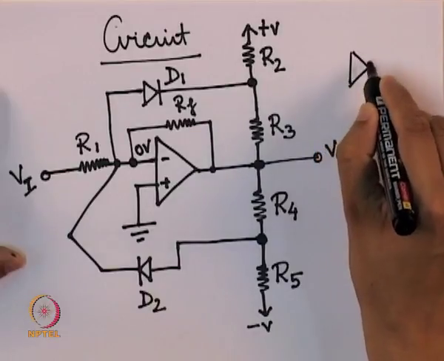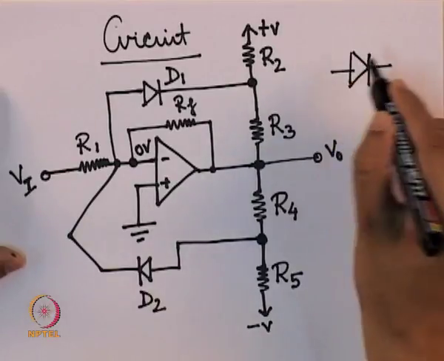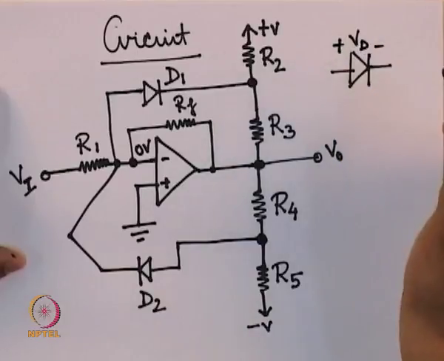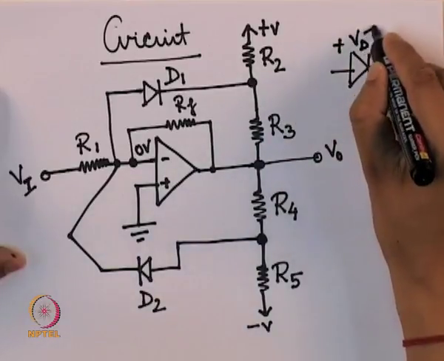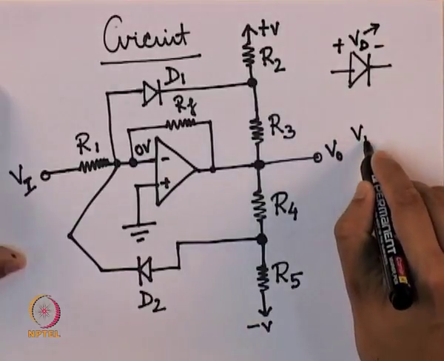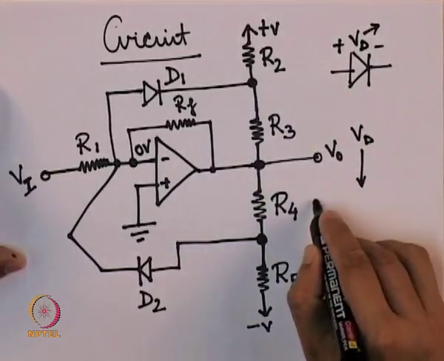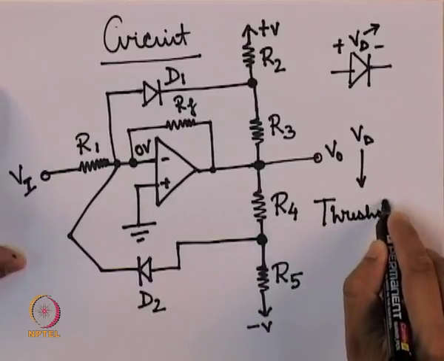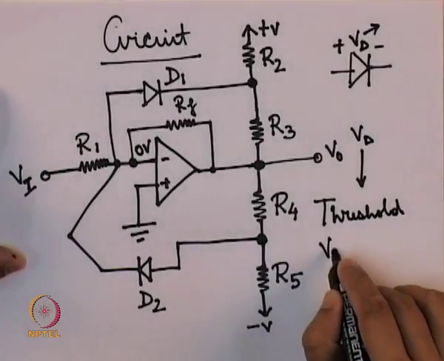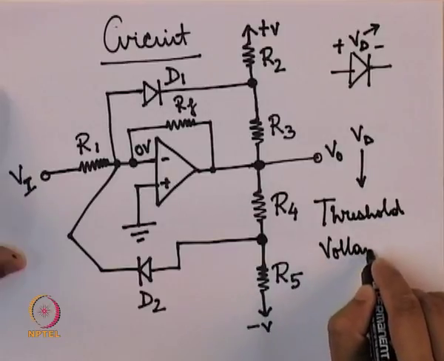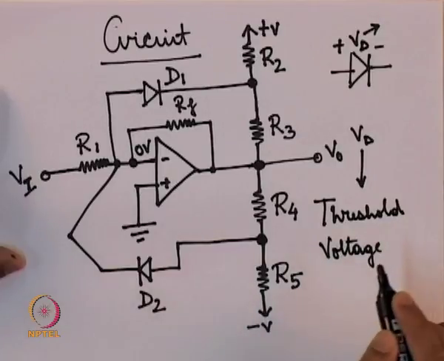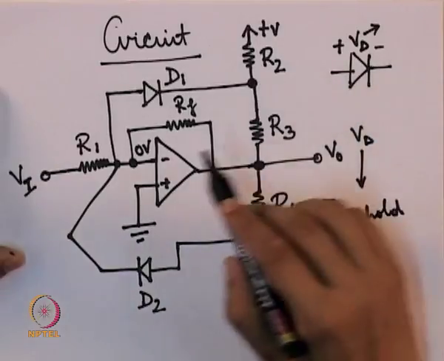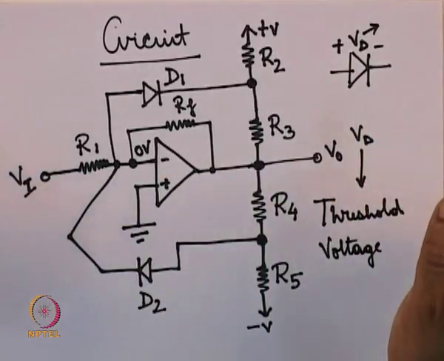So, if this is a diode, then a minimum voltage called the threshold voltage, this Vd is known as threshold, has to be supplied across the terminals of the diode in order to make it conduct.